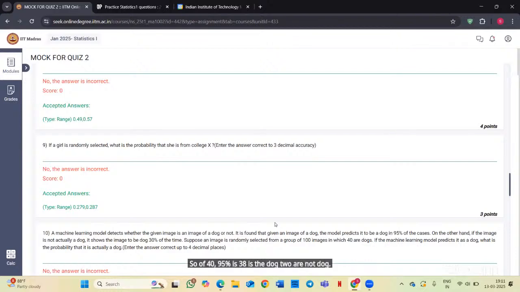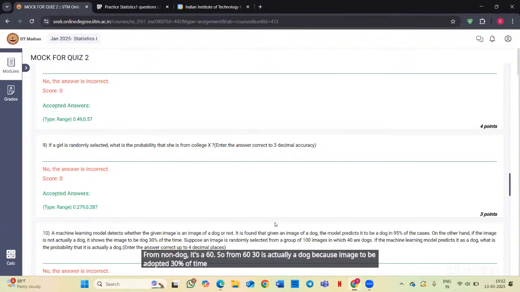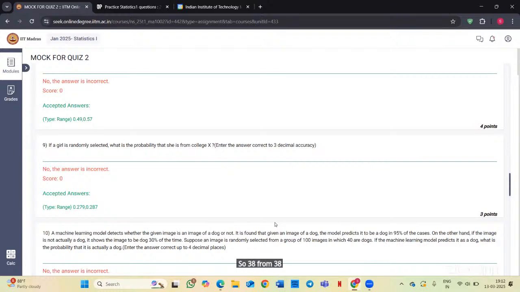No, you should not do it like that. From the non-dogs, there are 60. From these 60, 30% are predicted as a dog, and 70% are not. So I have to find the total where it's predicted as a dog. 38 from actual dogs, where 95% is predicted right, and from the 60 non-dogs, 30% of the time it's predicted as a dog, which is 18.